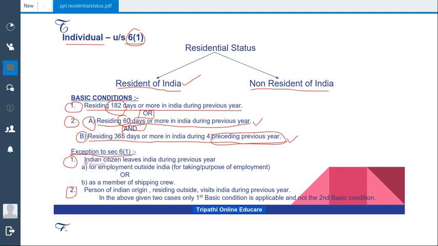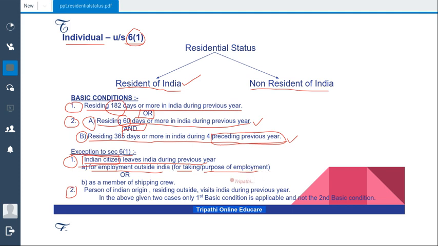So the first exception says: an Indian citizen leaves India during the previous year. Now you are an Indian citizen. What is important in this exception is that you are an Indian citizen and you are leaving India during the previous year for employment outside India. Now, if you talk about employment, there are two possibilities, either for taking an employment or for the purpose of employment.